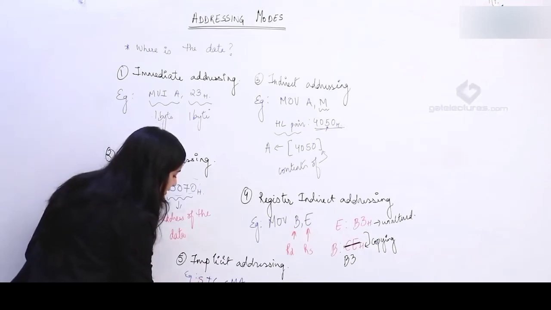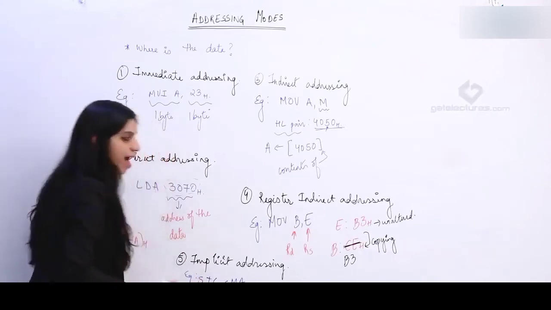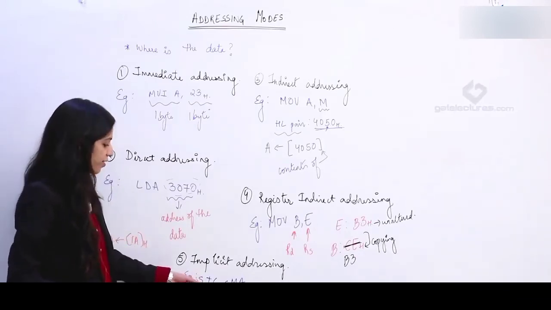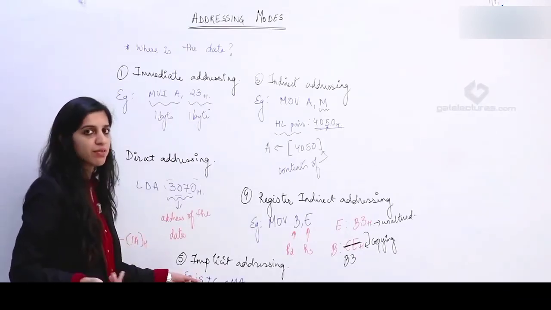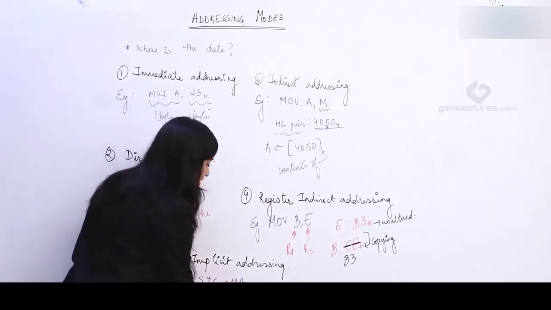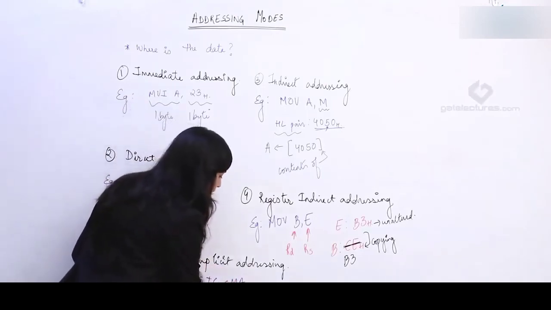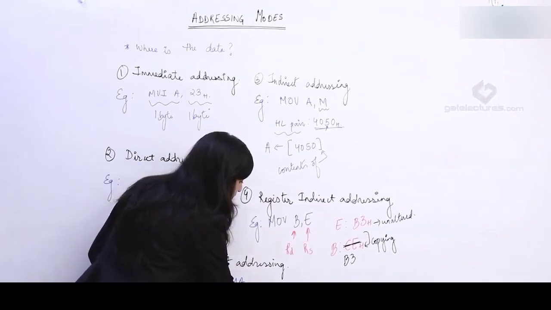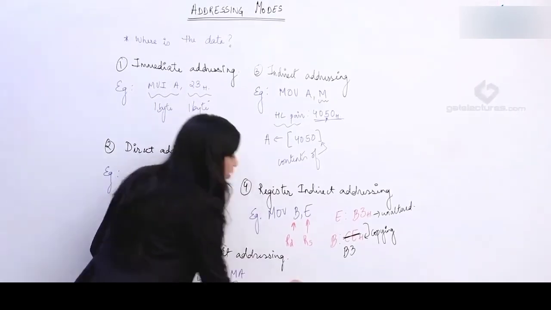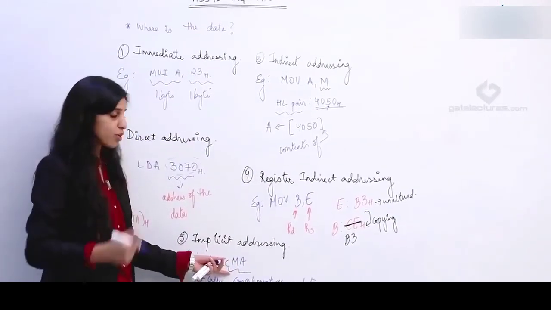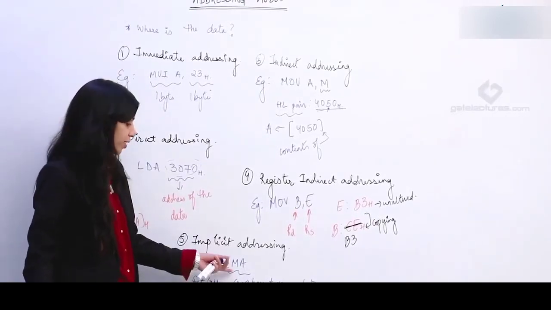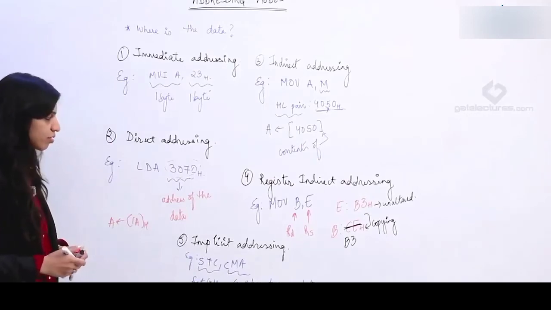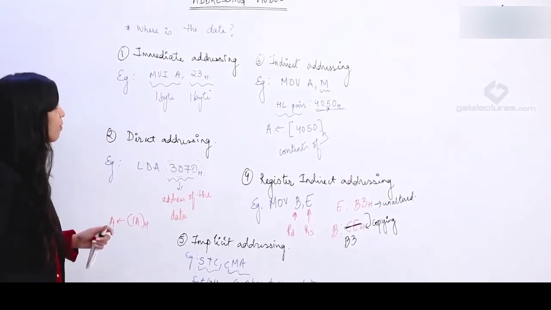It is set carry. We have a flag register, in which there is a carry flag. After execution of this instruction, the carry flag will become 1, just that. CMA is complement accumulator. All the contents of the accumulator are complemented after execution of this instruction. So these are the 5 addressing modes that you need to know.